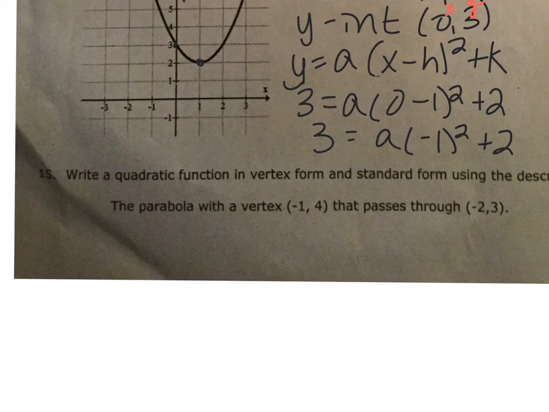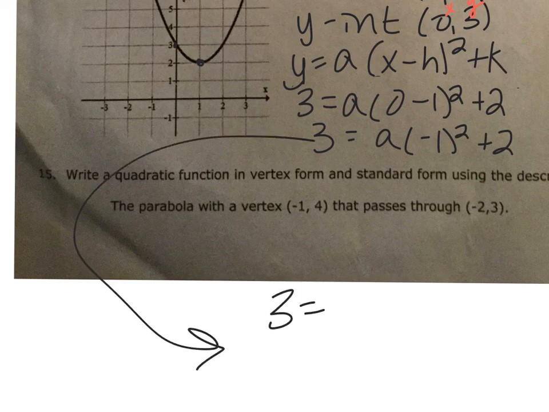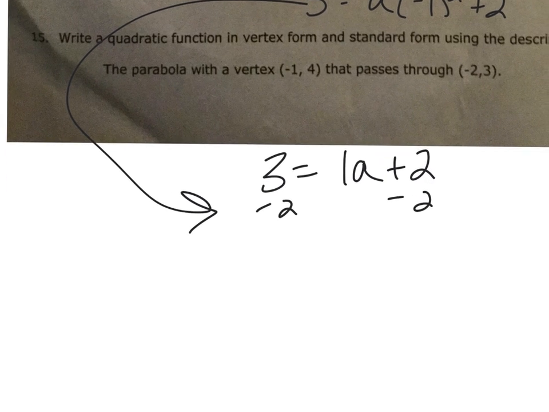Okay, so down here. So I'm just going to put this down here. So 3 equals negative 1 squared is 1. So 1a, or just a, plus 2. Subtract 2, and you get 1 equals a.